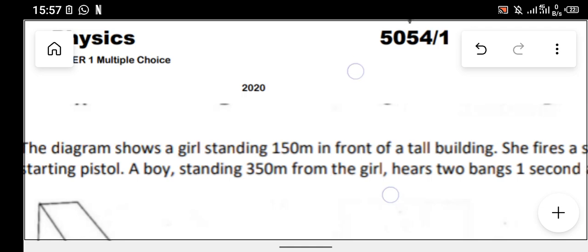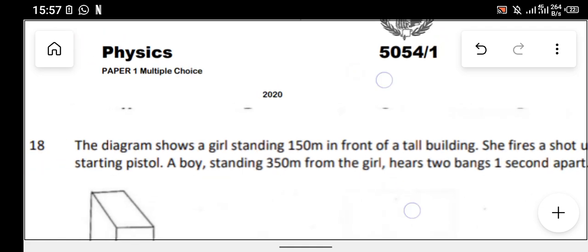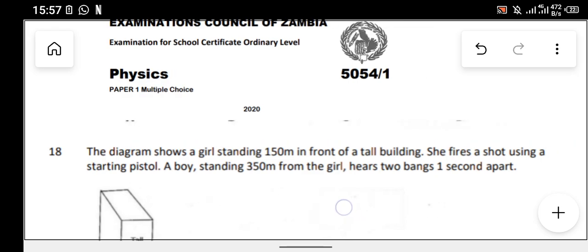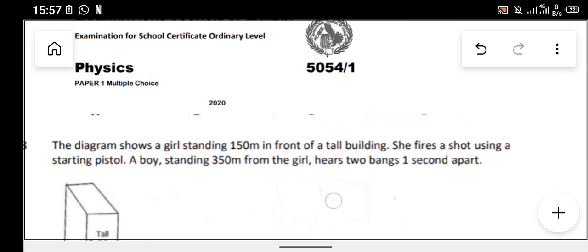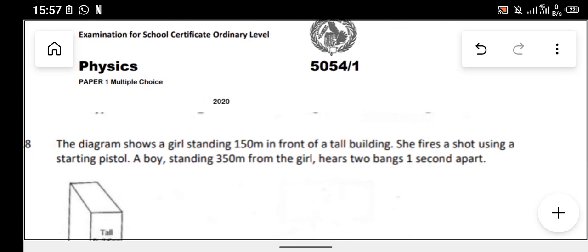Let me just zoom out a bit so that I can read the question properly. The question reads: the diagram shows a girl standing 150 meters in front of a tall building. She fires a shot using a starting pistol.